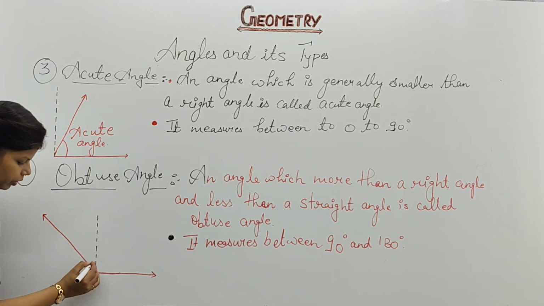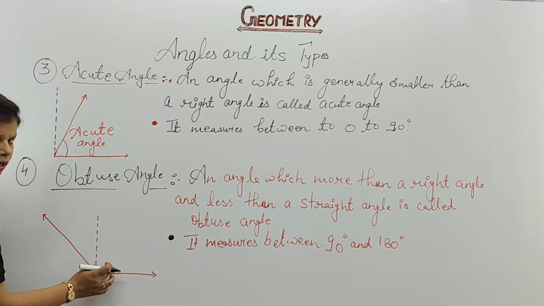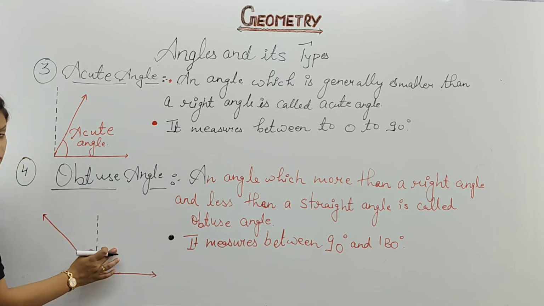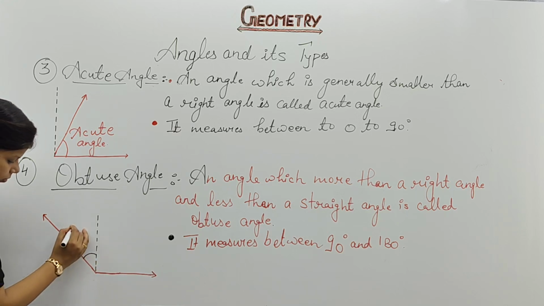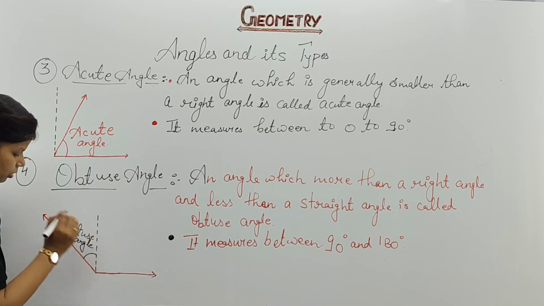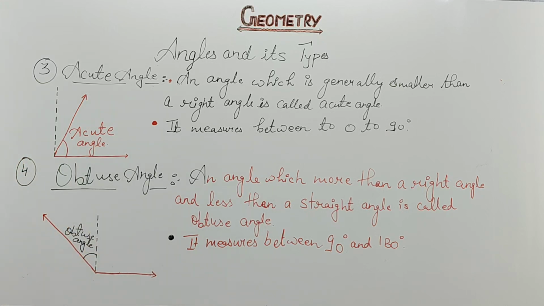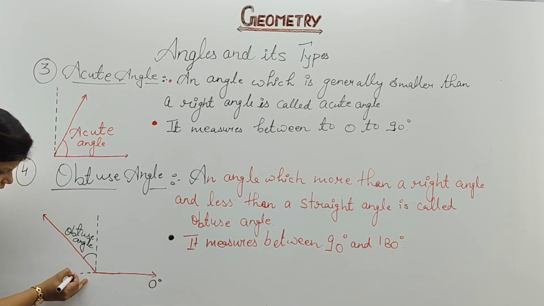Here the angle which is formed will be your example, not this one. When it will form to this side, that will be your acute, and when it will form to that side, that will be your obtuse. Obtuse angle. And it ranges from where to where? For example, you can consider 0, and again I am extending this to this side.